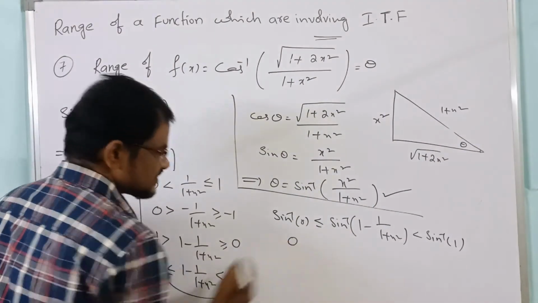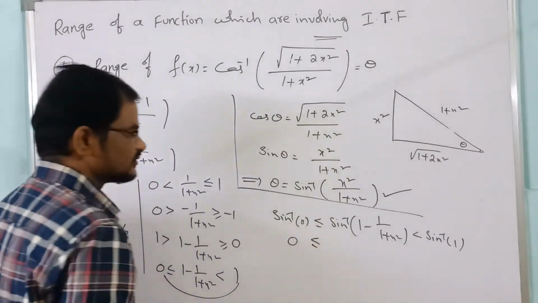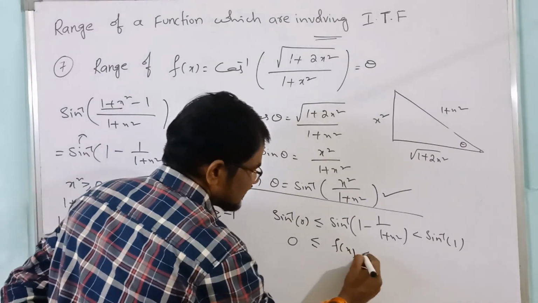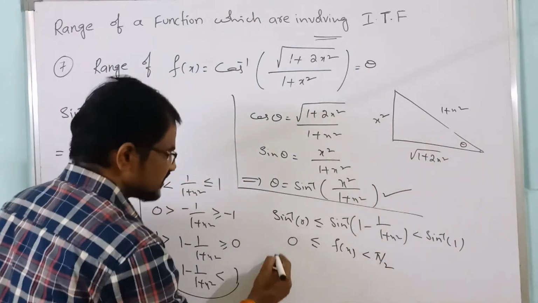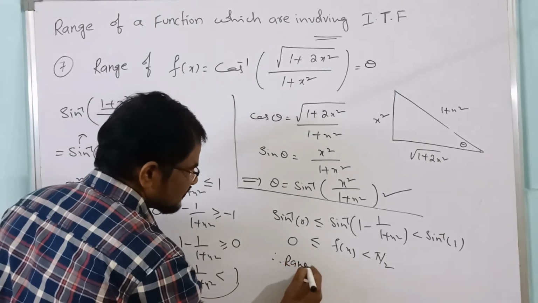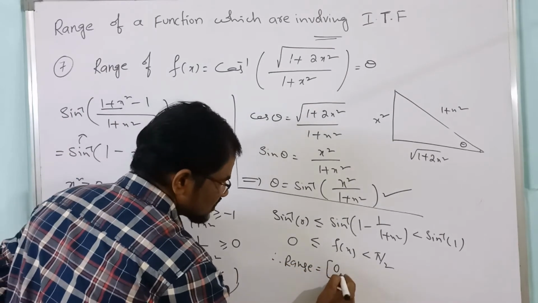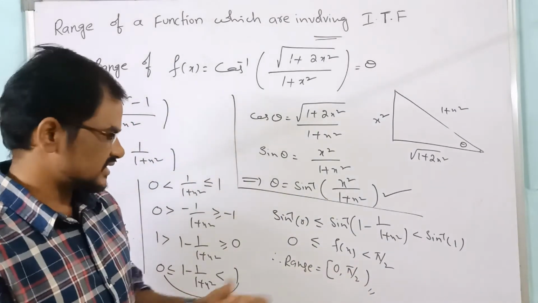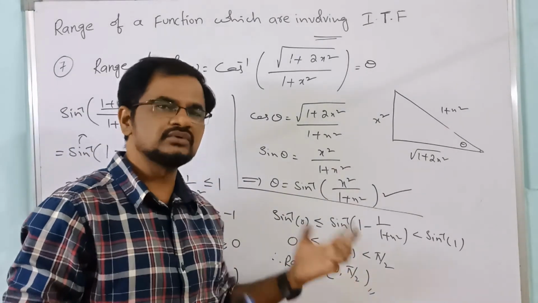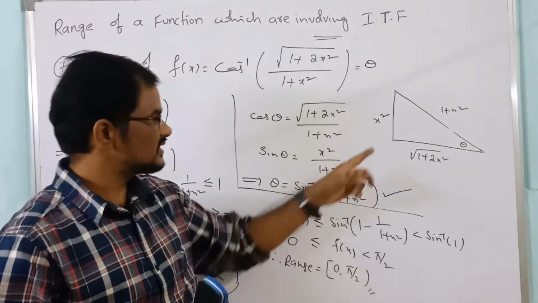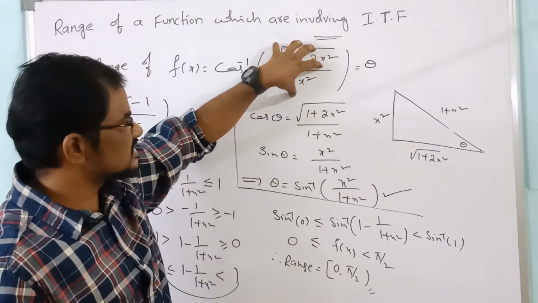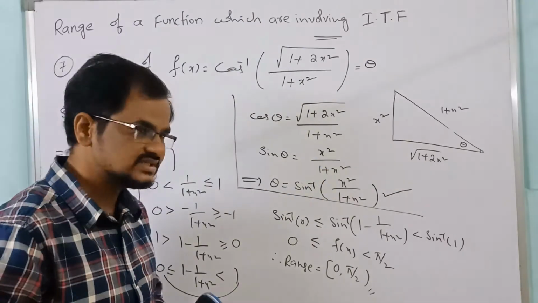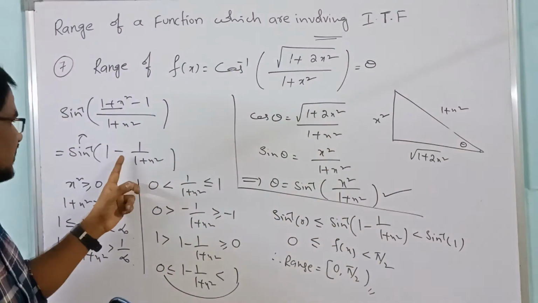So sine inverse of 0 is 0, less than or equal to this, which is nothing but the given function f of x, less than pi by 2. So therefore the range of the given function is the closed interval 0 to the open interval pi by 2. So instead of finding the range directly, we converted this cos inverse into sine inverse and found the range of that.